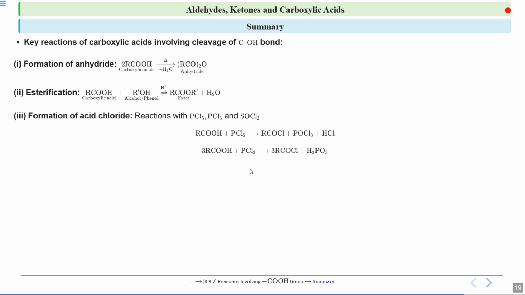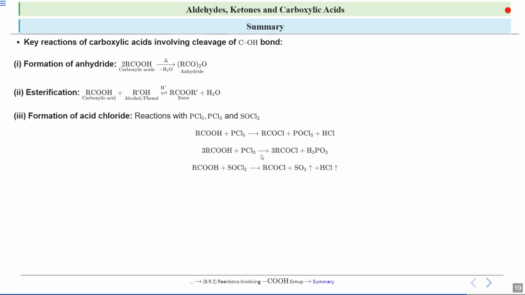Next, we are using phosphorus trichloride, PCl3. Three molecules of carboxylic acid react with PCl3 to give you three molecules of acid chloride, along with a byproduct, H3PO3. This method is efficient for large scale synthesis of acid chlorides.